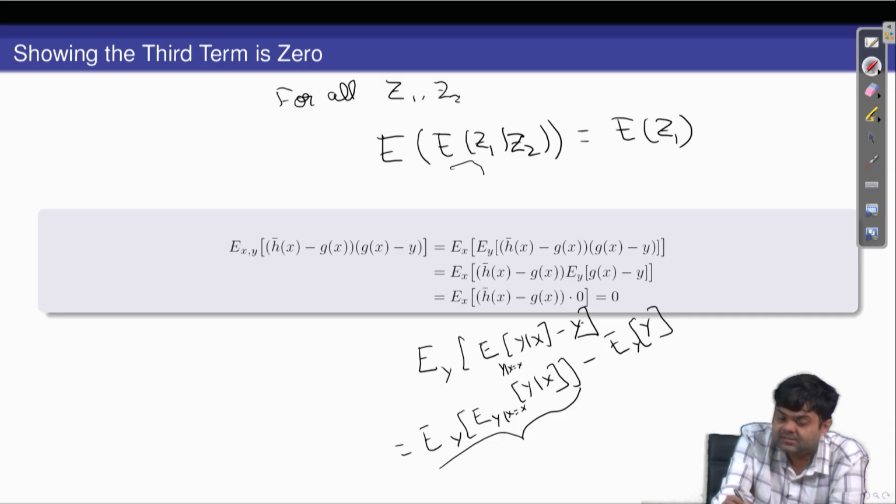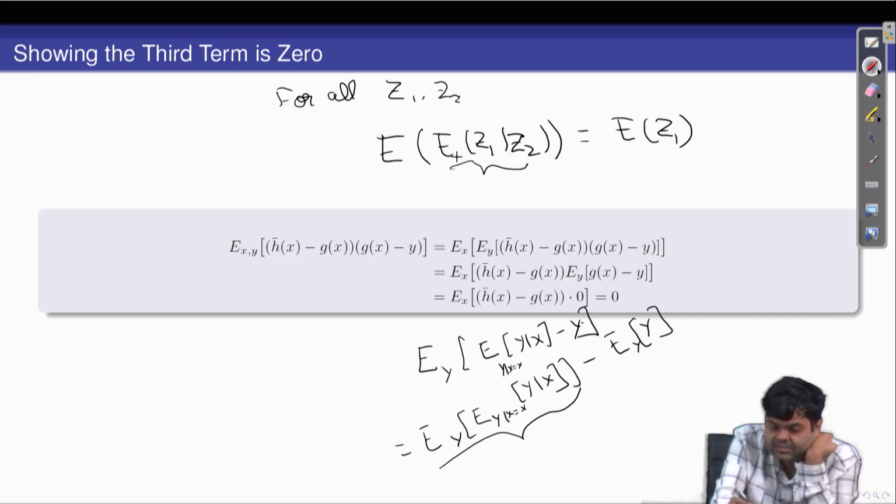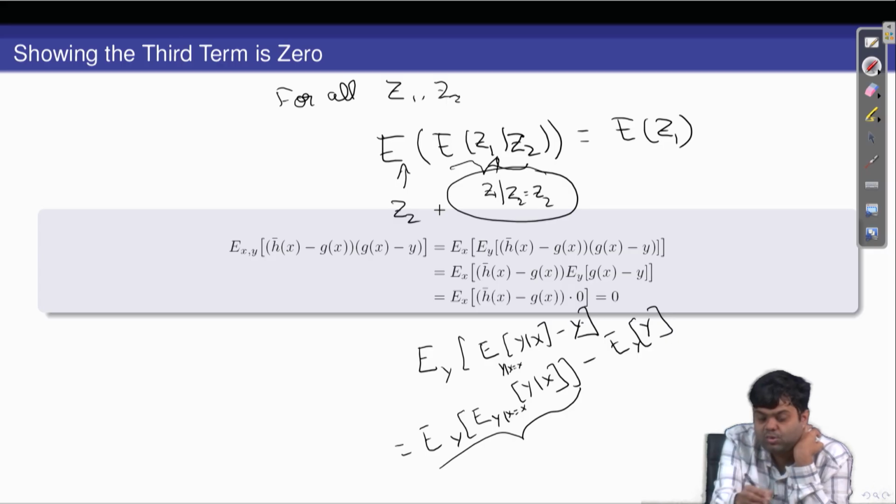The conditional expectation of z1 given z2 is a random variable that depends only on z2, because you are doing it with respect to the distribution of z1 given z2 equal to z2. So this is a function of z2. Now, you are taking this with respect to the distribution of z2. So when you take the expected value of a conditional expected value, you just get the unconditional expected value back.